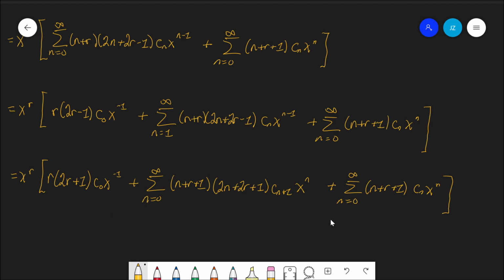We can now write these two sums as a single sum.